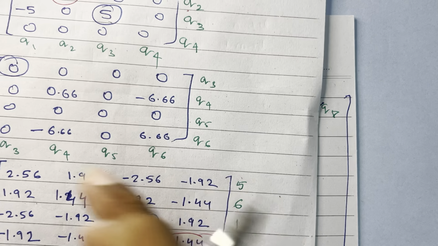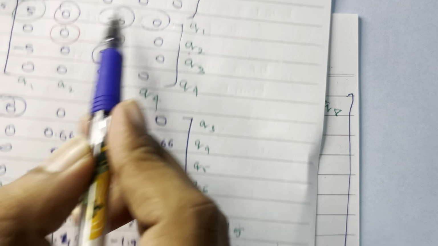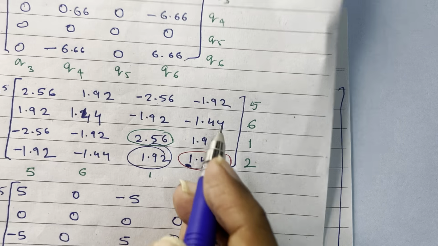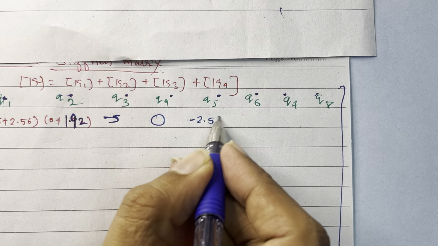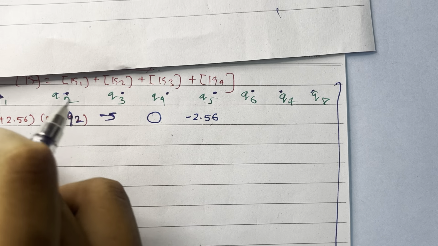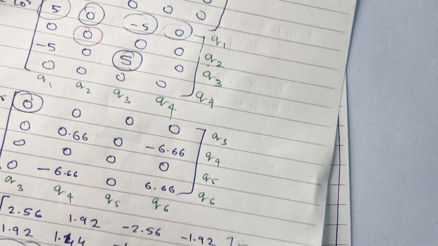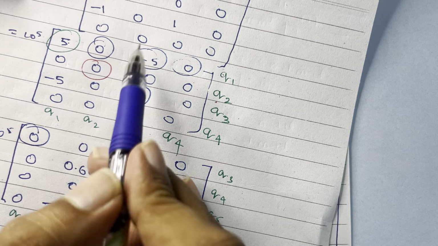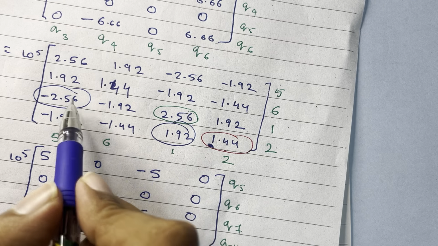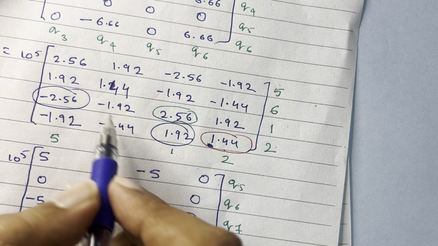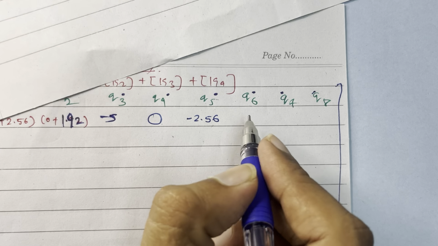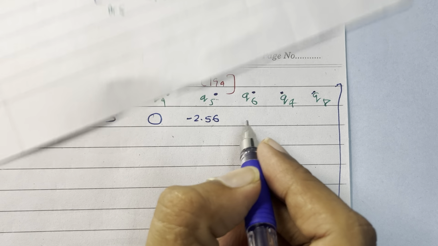Similarly, Q1 row, Q5, here we have Q1 row but we don't have any Q5 column, so if you see here, this is Q1 row but here we have Q5, that is -2.56. Similarly for Q6, that is Q1 row, Q6 column, here we have Q1 row but we don't have any Q6 column, but here Q1 row, this is Q6 column, that is Q1 Q6, that is -1.92.